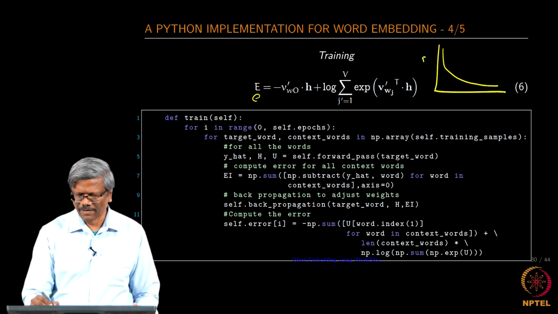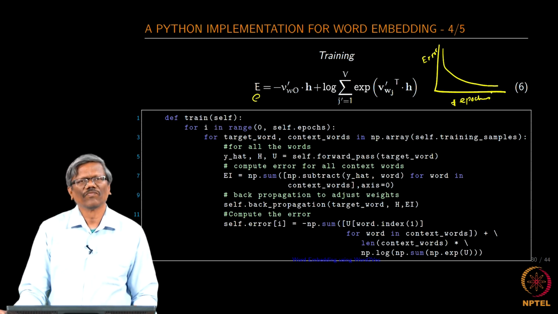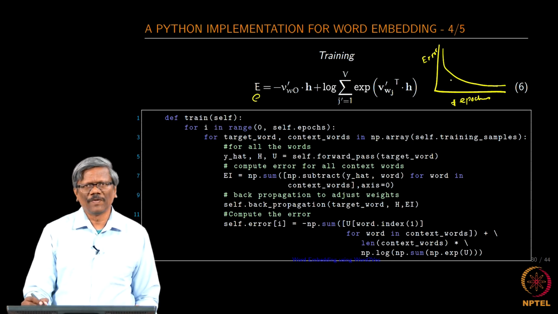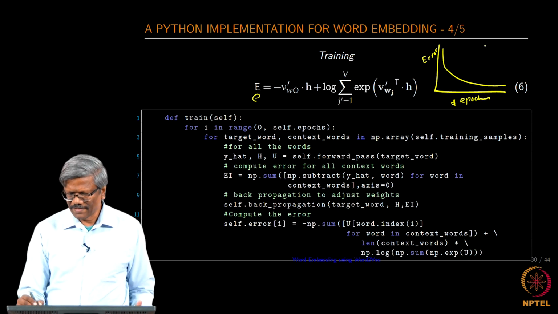This is your error, and this is the number of epochs. We need to keep looking at this. Initially it will be random. Keep a tab on this when you start doing the training part, and see how it goes.